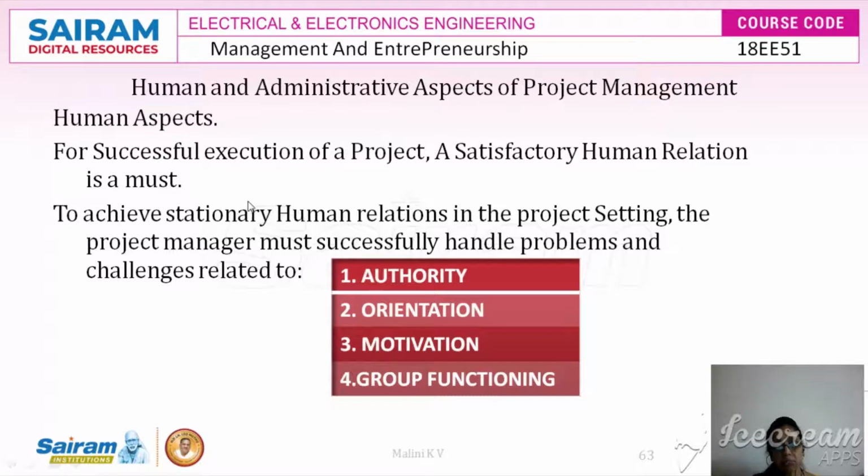Any successful project will see satisfaction in terms of human relationships, because when the Hawthorne experiments were done, they reflected that the majority of the tasks done by human beings come out of the belongingness towards the task or towards the facility where they are working.